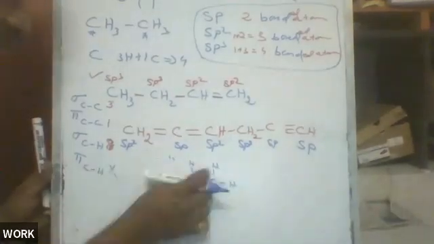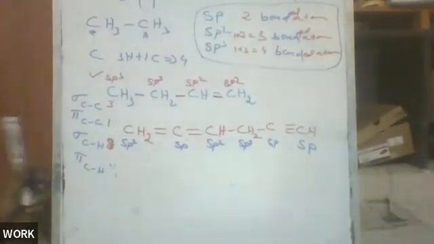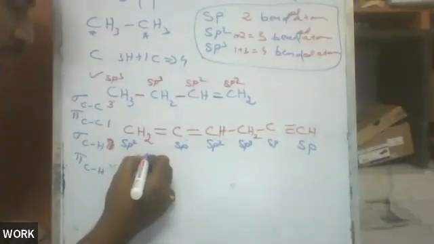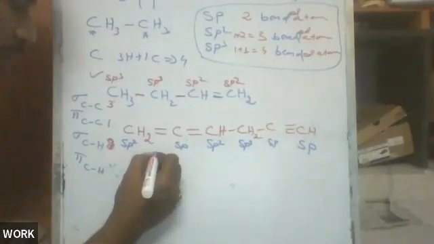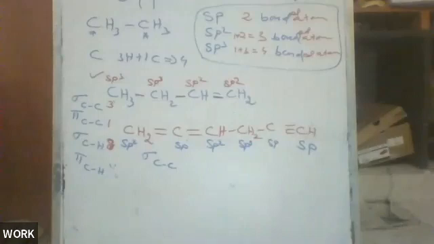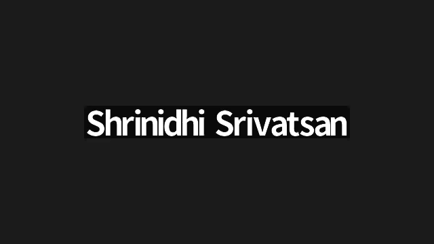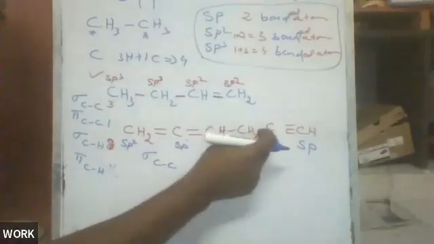So for this compound, the next carbon, you tell me how many carbon sigma bonds for this. How many carbon sigma bonds? 1, 2, 3, 4, 5.